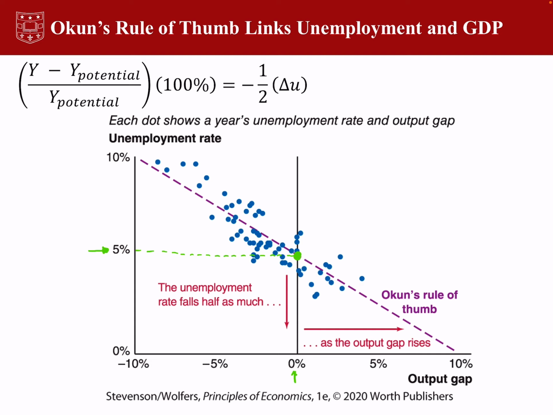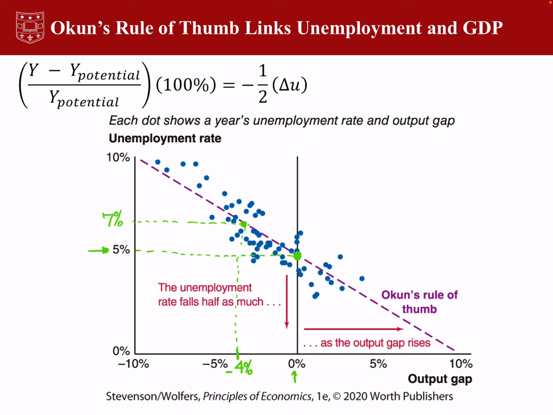Then let's suppose that a recession happens and the output gap becomes more negative by 4 percentage points. Then what happens? We come up here, and Okun's rule of thumb is telling us that the unemployment rate should rise by half that in terms of percentage points. And so that would be 2 percentage points, from 5% unemployment to 7% unemployment. So that's how you interpret this.